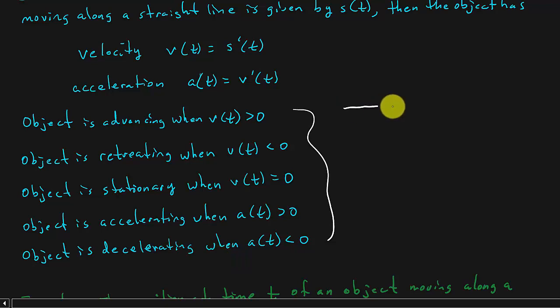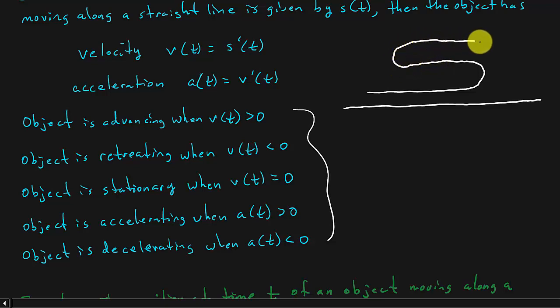So, just to give you a picture, if you have an object traveling like this, here it is advancing, here it is stationary, here it is stationary, here it is retreating.